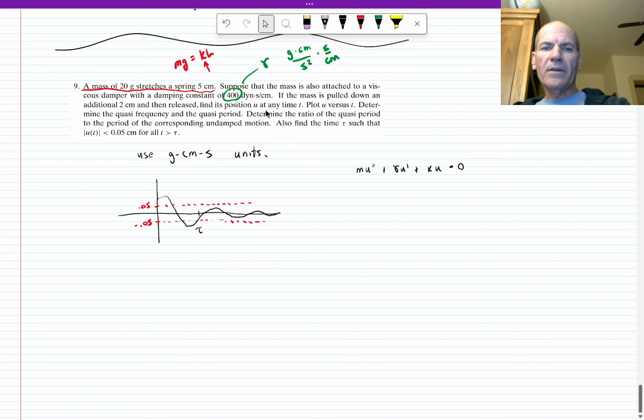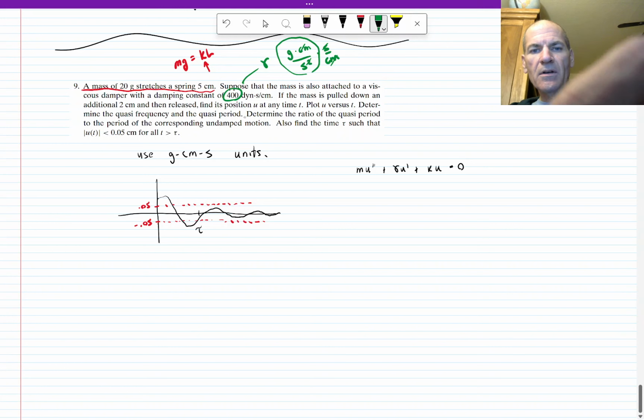If you work all that out, the centimeters cancel, one set of seconds cancels, and you end up with grams per second, I guess. I just want to emphasize that these are the units on a dyne.